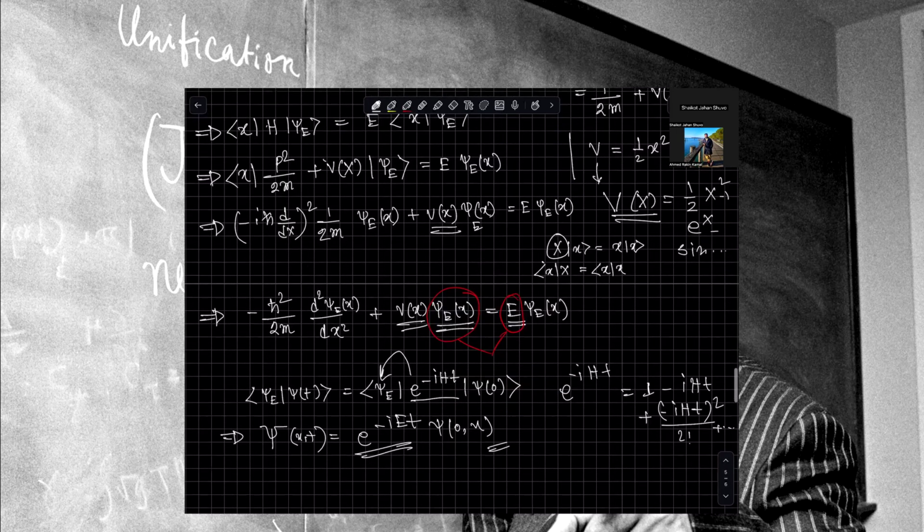So the idea is if you can solve this equation, the time independent one, I'm not using this E anymore.